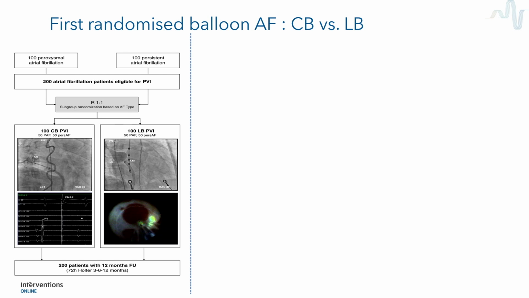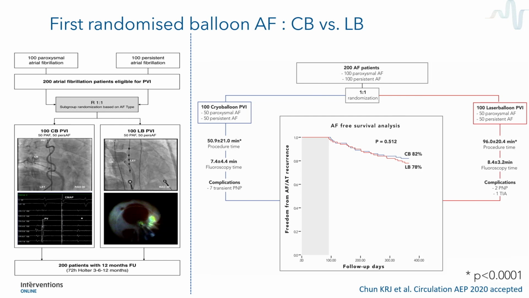And this is why we set up this trial, 200 patients, which included 100 patients paroxysmal, 100 patients persistent atrial fibrillation, one-to-one randomization cryo to laser balloon. And we could observe that the outcome after 1 year was exactly the same between both devices.